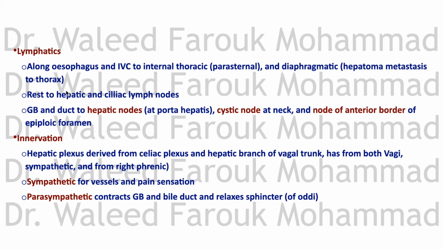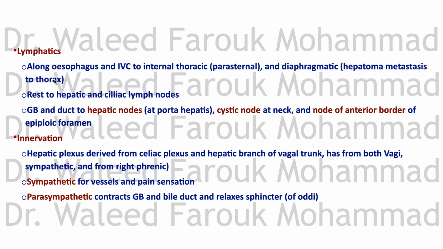The gallbladder drains to the hepatic nodes, but there's also a cystic node and a single node at the free border of the lesser omentum, called the node of the anterior border of the epiploic foramen, or the foramen of Winslow. But eventually all will drain into the celiac lymph nodes, and from it to the cisterna chyli and thoracic duct. So this is the lymphatic drainage of the liver.